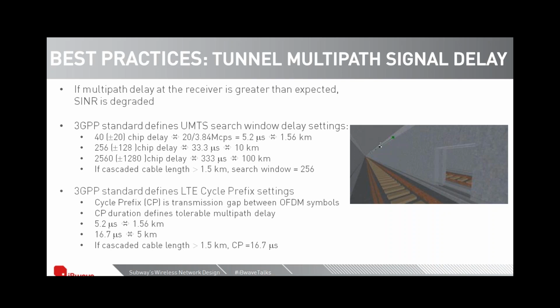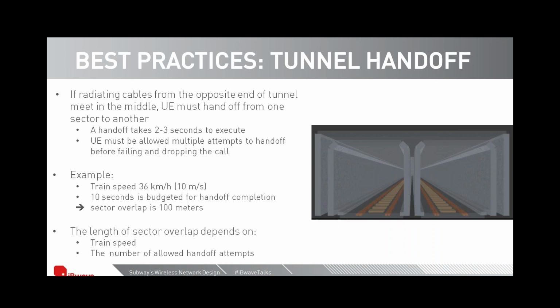The regular CP is 5.2 microseconds, which is equivalent to 1.56 kilometers, and extended CP is 16.7 microseconds, which is equivalent to 5 kilometers. And if cascaded cable length is greater than 1.5 kilometers, then we need to use extended CP of 16.7 microseconds.